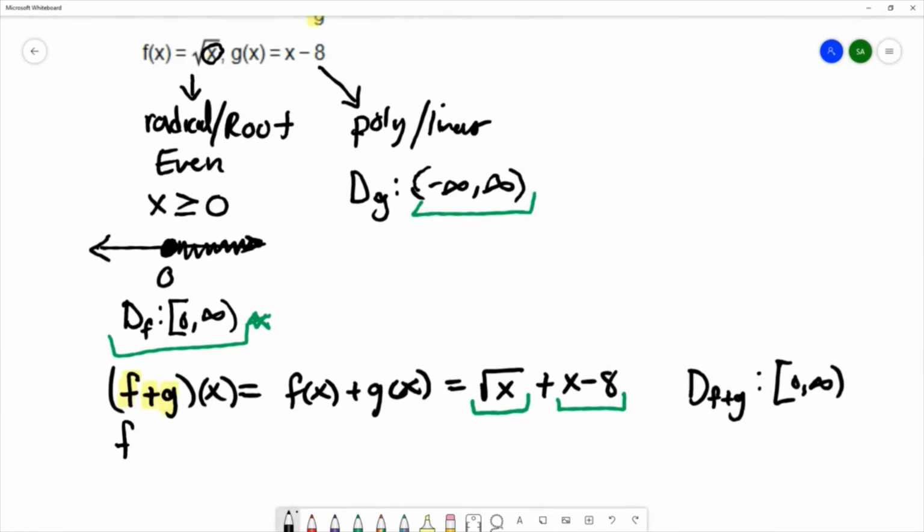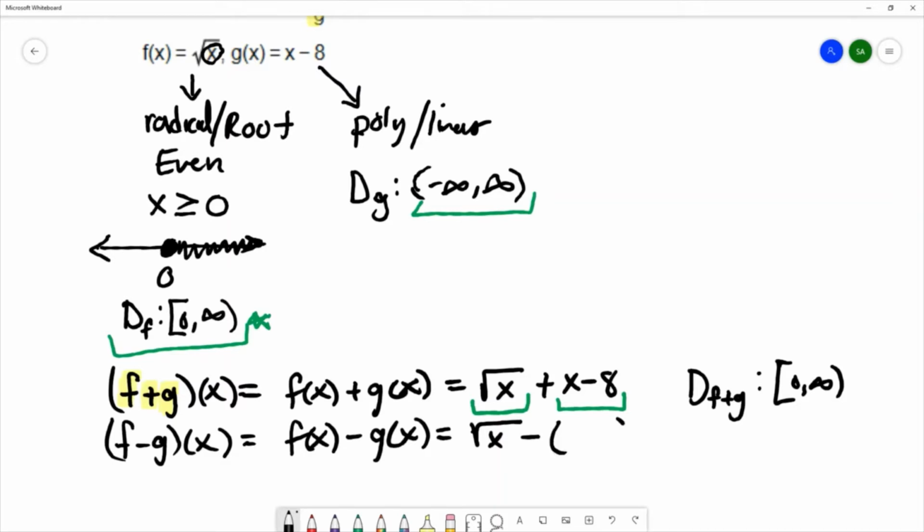Then I'll find f minus g of x. So I want to take f of x and subtract g of x. F of x is square root of x. I'm going to subtract g of x. I want to make sure I subtract all of g of x, so I'm putting parentheses around the x minus 8. And I'll use the distributive property to distribute that negative. And that would give me negative x plus 8.